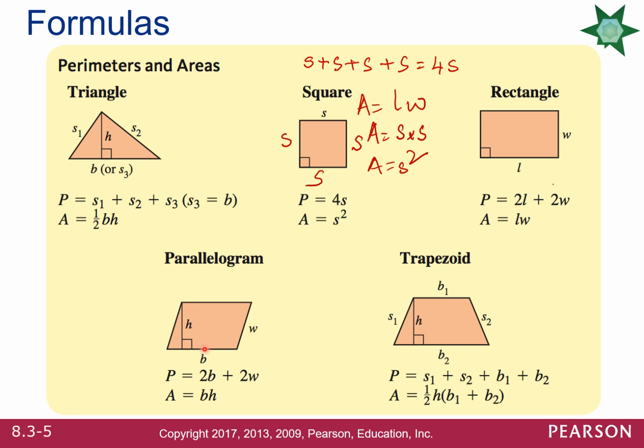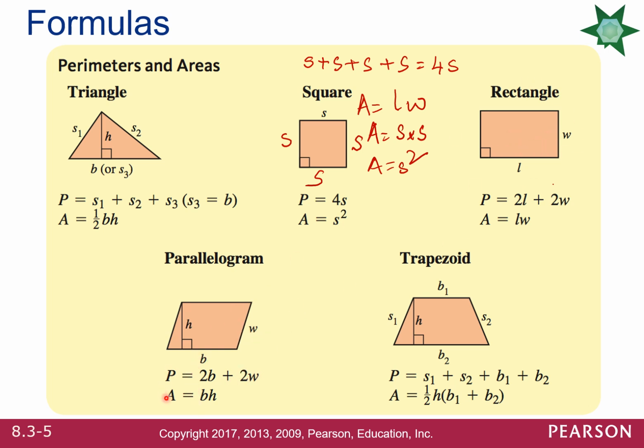All right. So if one side has a measure of B, the opposite side will also have a measure of B, and then the other two sides would have W. So it's twice B plus twice W, just in the case of the rectangle.